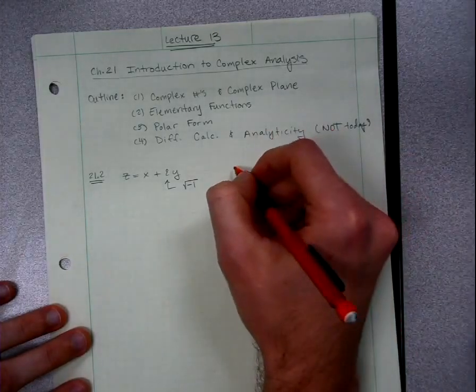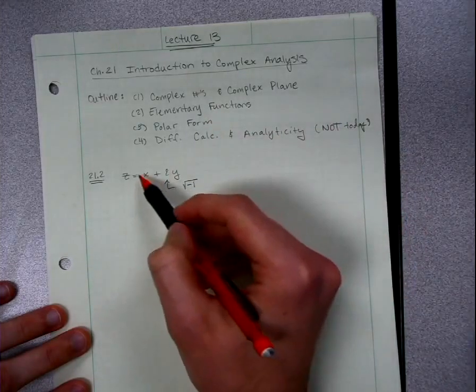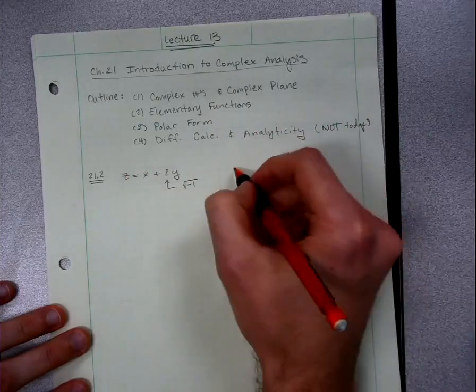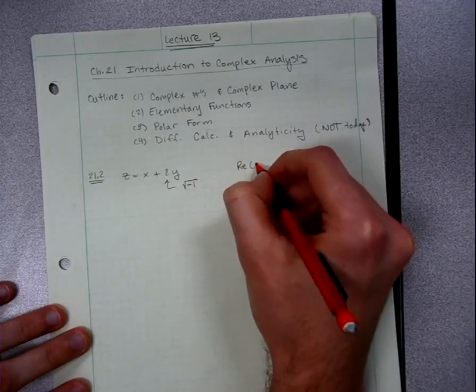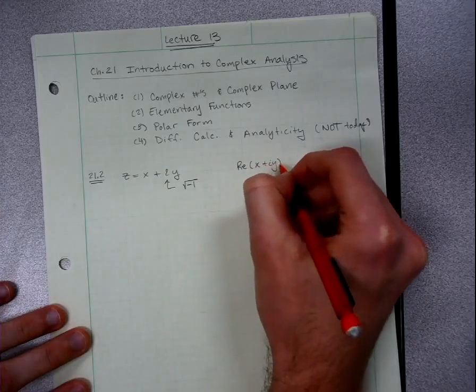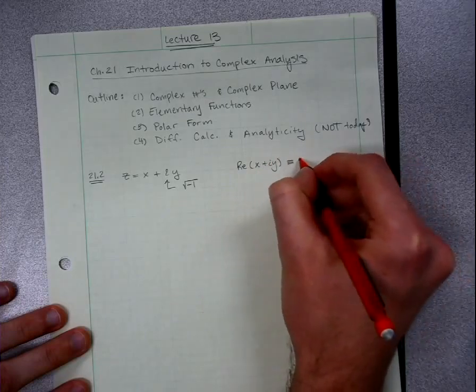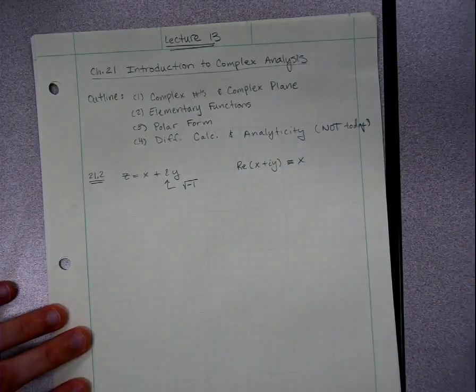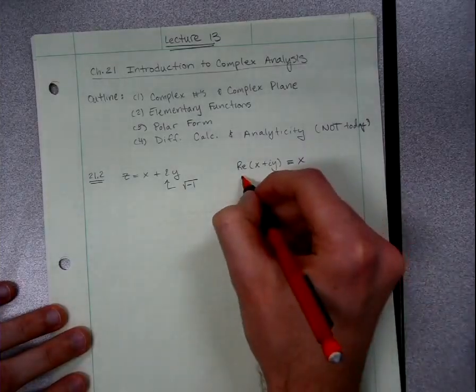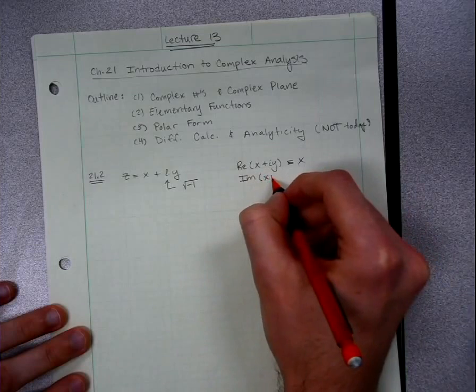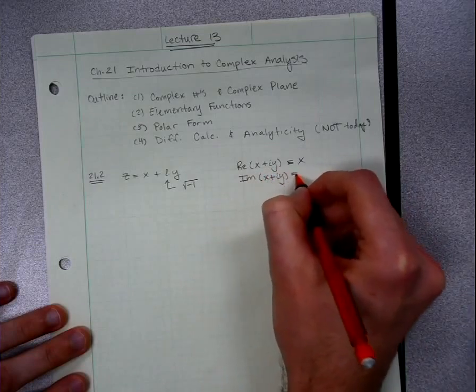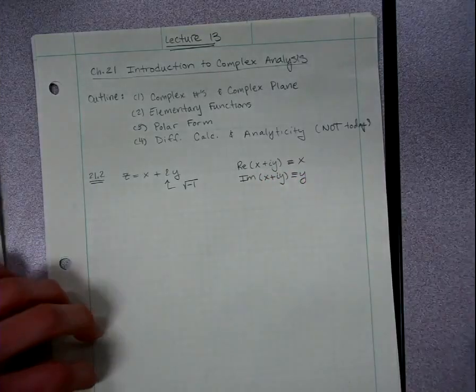And also in the notes, if we want to extract the real part of the complex number, we write Re of x plus iy, and that's defined as x. And the imaginary part of z is y.